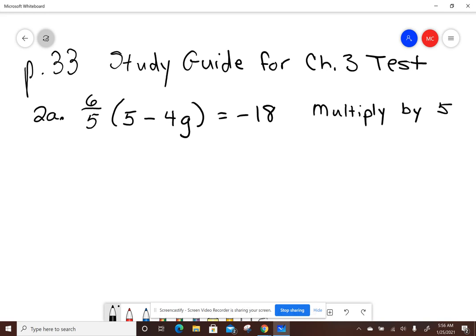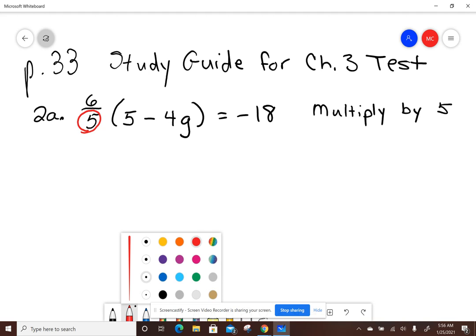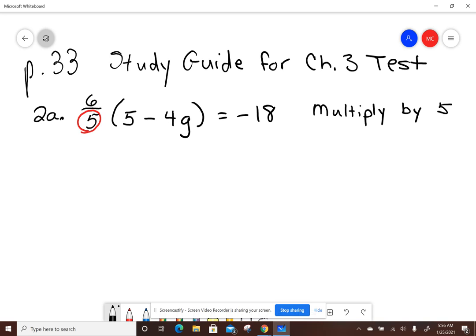So we're going to start with 2a, and 2a has a fraction in it. So whenever we see a fraction, we always think about how we're going to get rid of it. Now, the way we can get rid of this fraction in this equation is to multiply both sides by 5. Now, this is one big term.